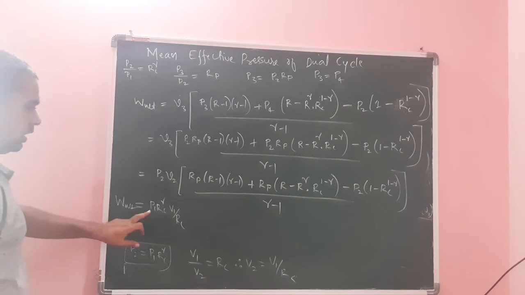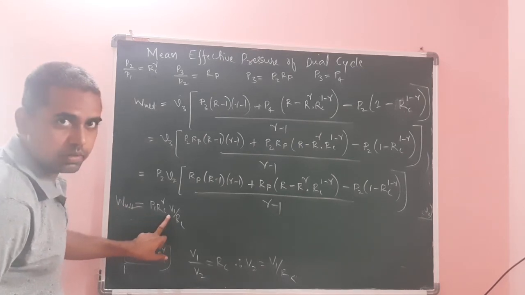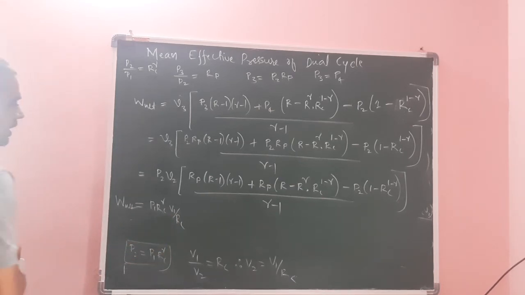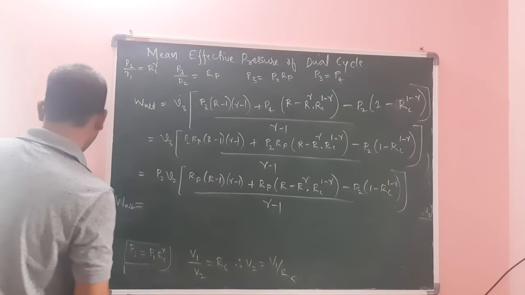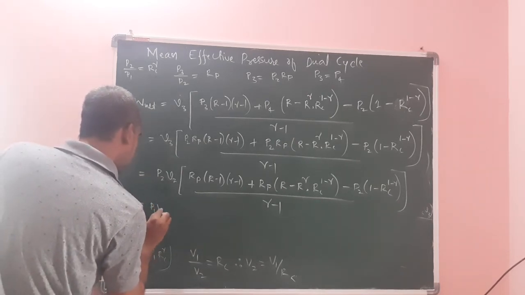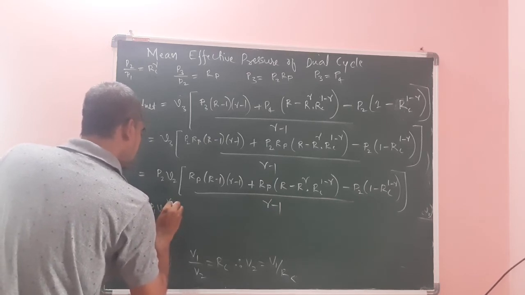P1 into RC raised to gamma minus 1 it will become. P1 into RC raised to gamma minus 1, that I will write here. P1 into RC raised to gamma minus 1.